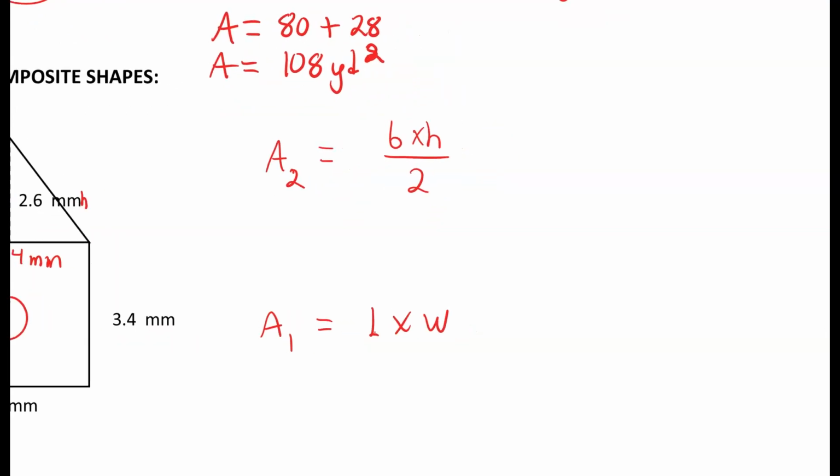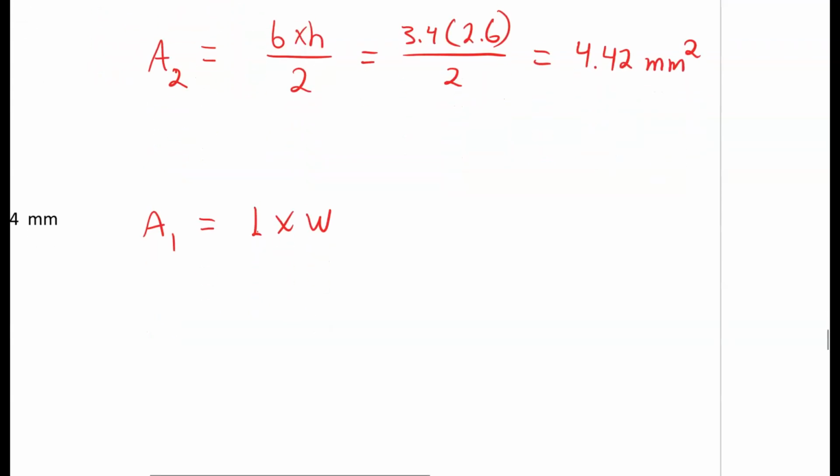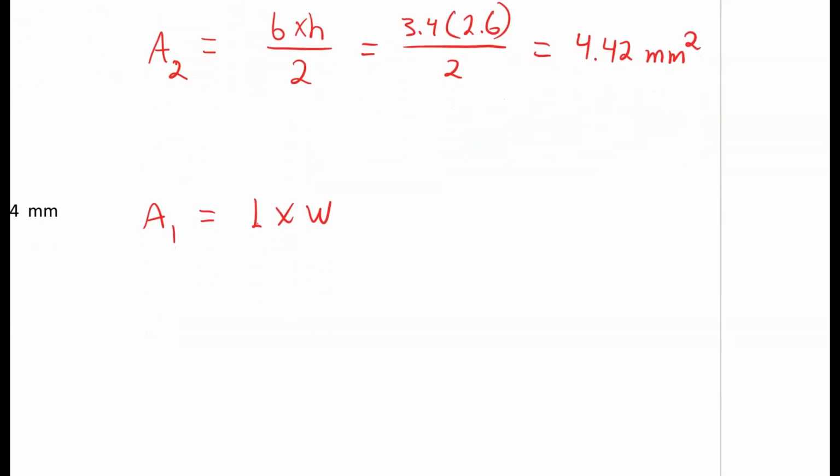So we have 3.4 multiplied by 2.6 and divided by 2. If we take 3.4 multiplied by 2.6 and divide it by 2, we get 4.42 millimeters squared.